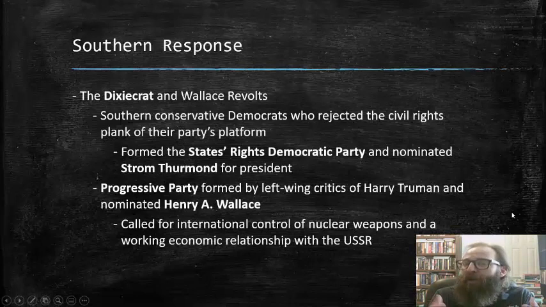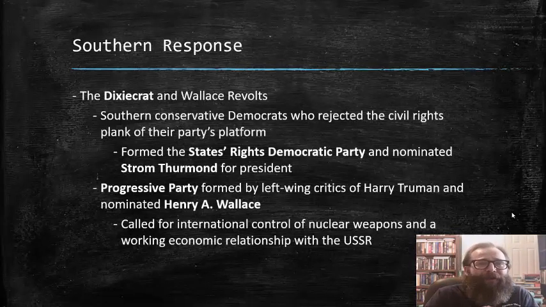The inclusion of this civil rights plank in the Democratic Party platform in 1948 led to a rift within the Democratic Party itself. If you recall, the Democrats had long been the party of Jim Crow and segregation, and many conservative Democrats saw the adoption of civil rights issues as a violation of their core principles.